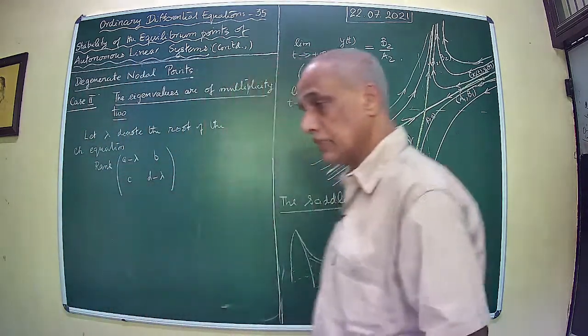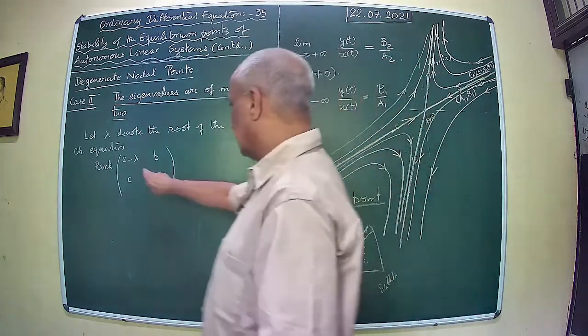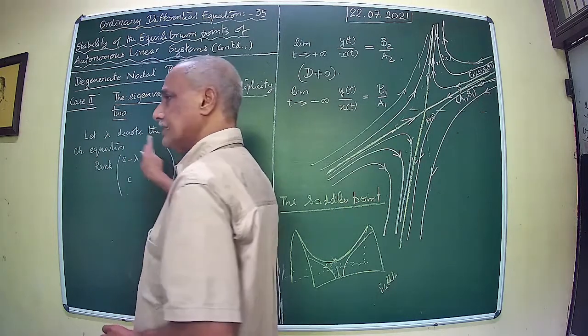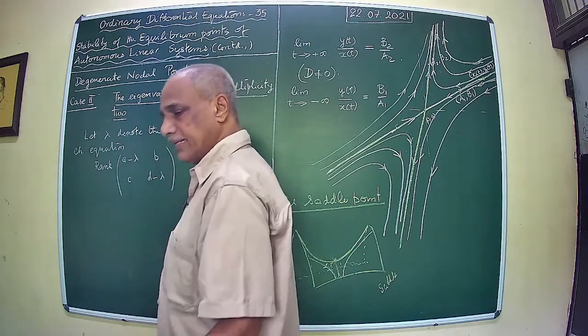You know that for the choice of lambda, the determinant of this is equal to 0. And that can happen.